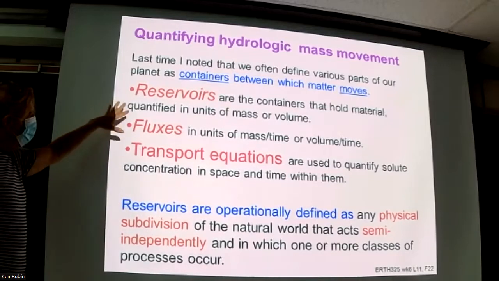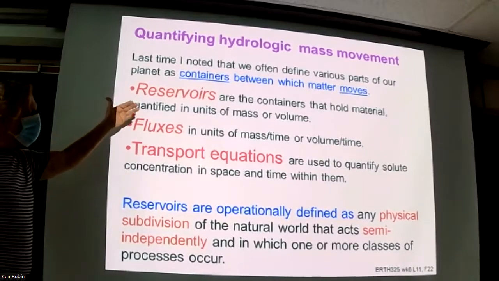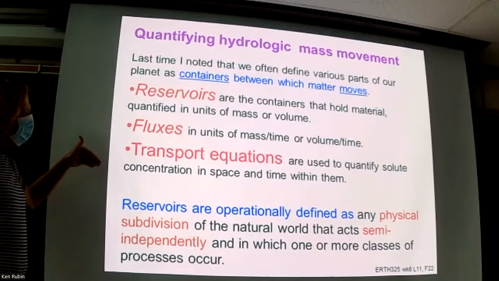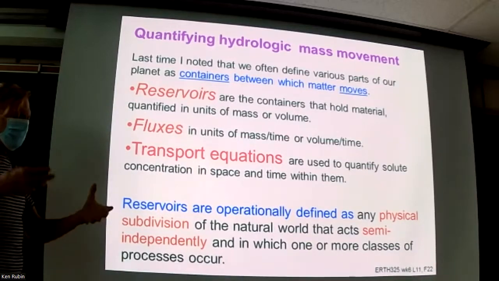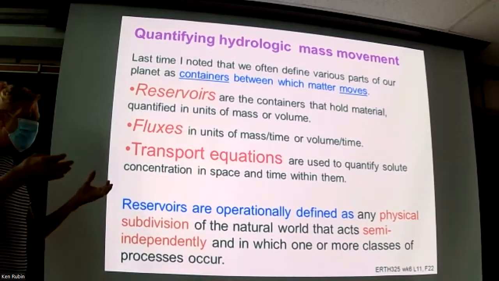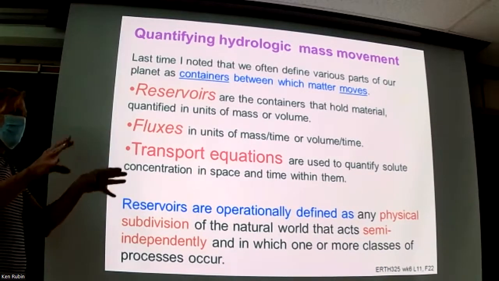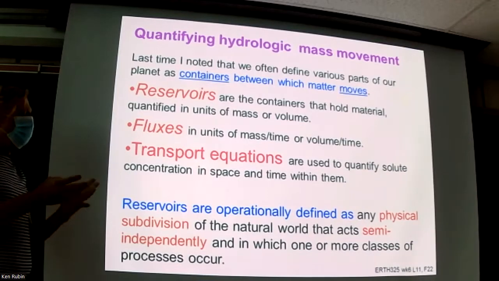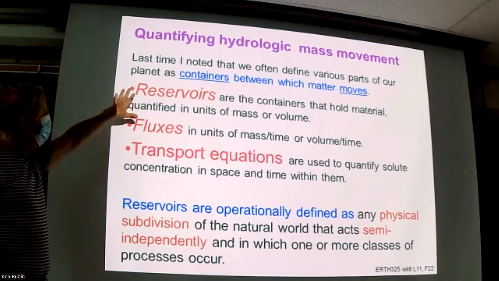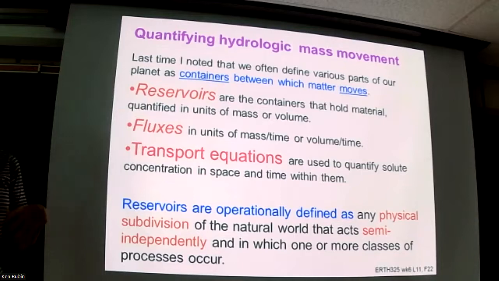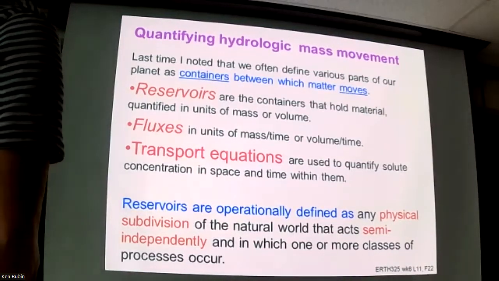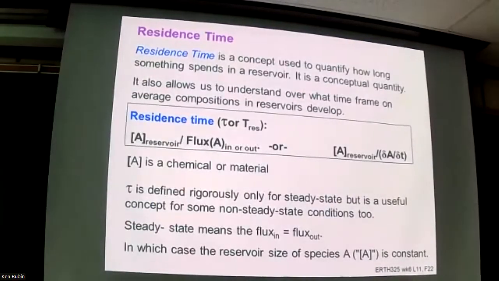But I just want you to remember that there's a purpose to this way of thinking about things, which is to help us conceptualize and quantify the relative rates and sizes of, for lack of a better word, reservoirs that are holding chemicals that are transferring between them on Earth, okay?